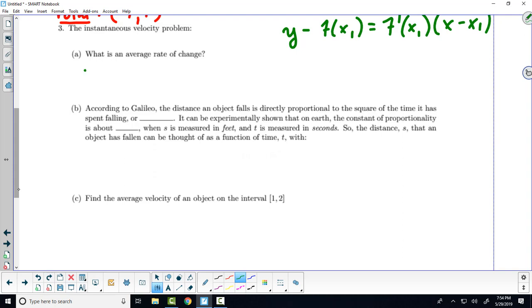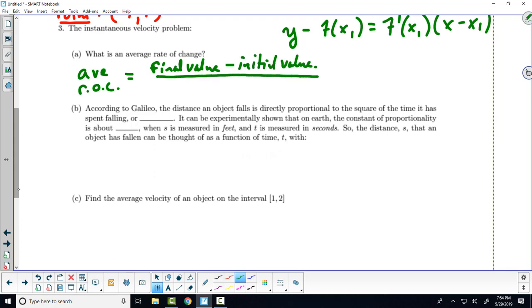The average rate of change can be thought of as the final value minus the initial value, all divided by the stopping point minus the starting point. That's pretty loosey-goosey, but we don't have any units there.